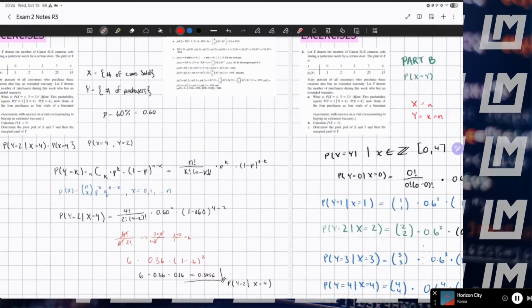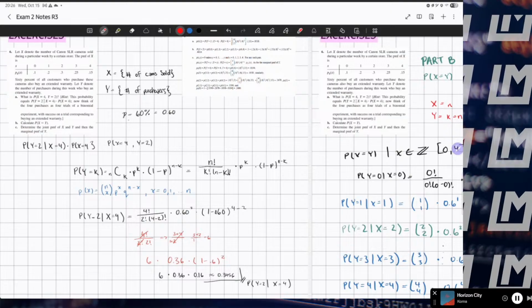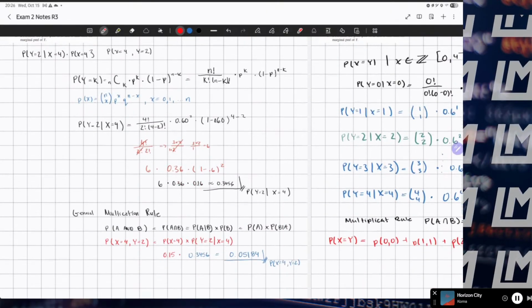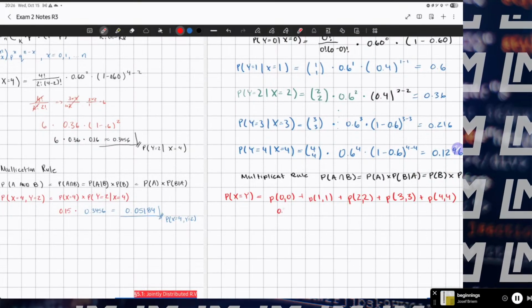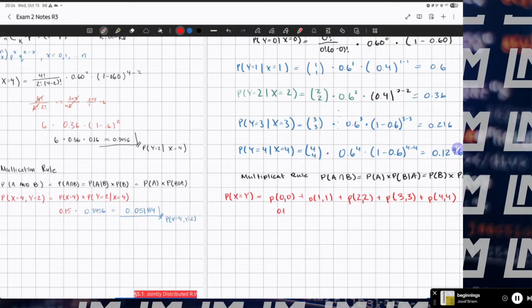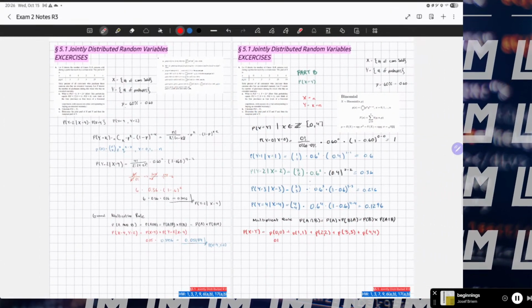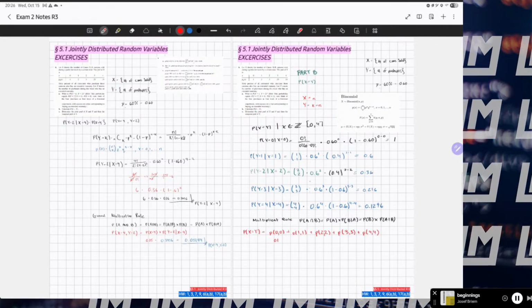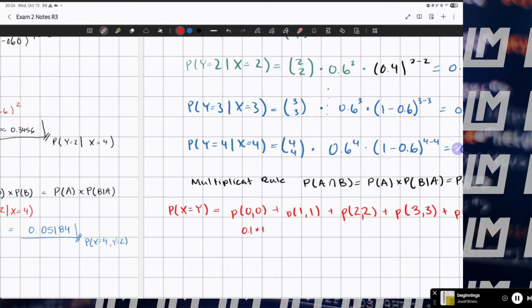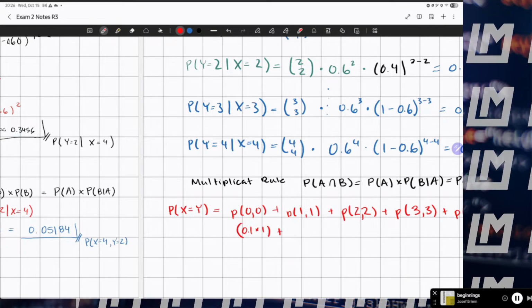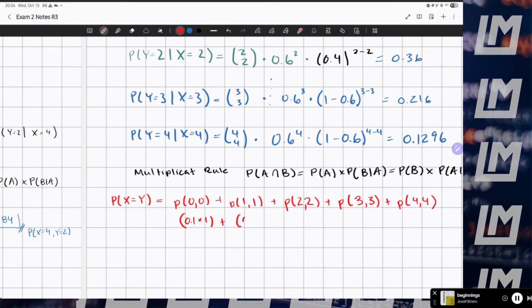So given that, we'll just plug those values in. I'm going to plug in all the values for x, which is 0.1, 0.1 times 1 plus, and just plug them all in right here.